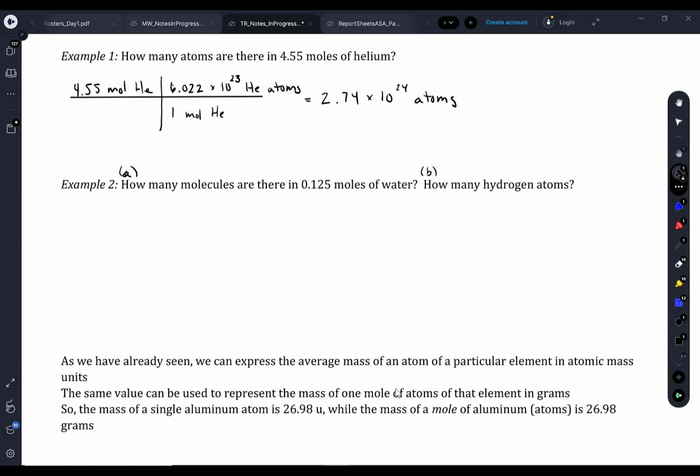We know that for every 1 mole of water, how many hydrogen atoms are there in there? Each H2O has 2 hydrogen atoms. So if you have 1 mole of H2O, then that means you would have twice as much, right? 2 moles of hydrogen atoms.